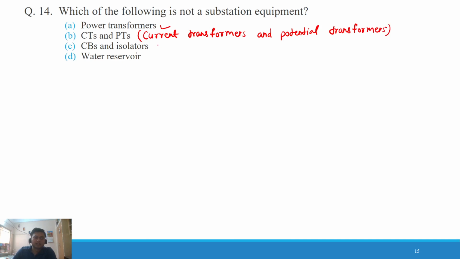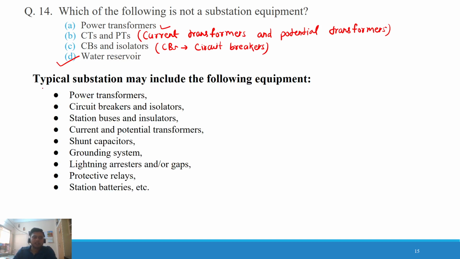Circuit breakers and isolators are also part of this substation equipment. A water reservoir is not a part of substation equipment. It is present in a thermal power plant. So the correct option is D, water reservoir.